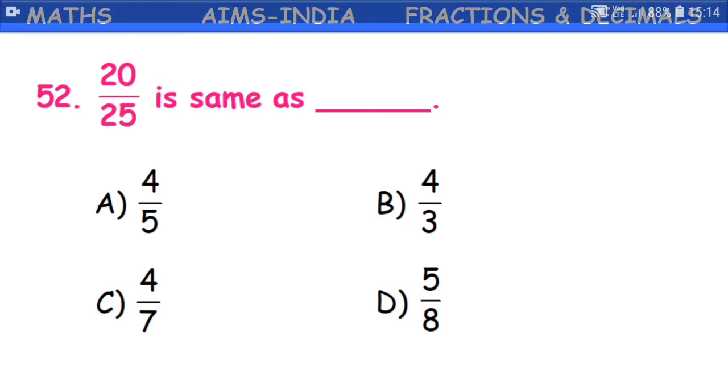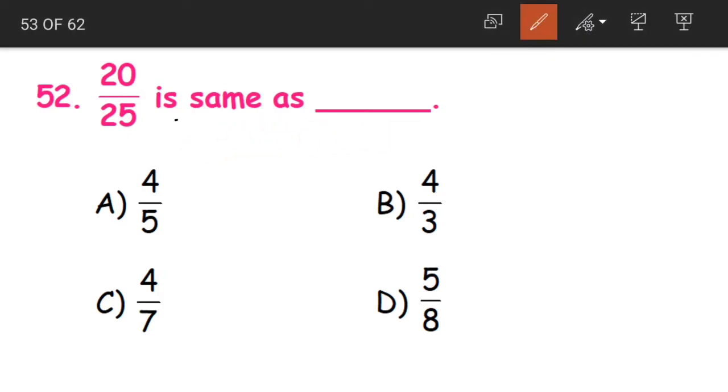Number 52. 20 by 25 is same as dash. That means again we have to find the equivalent fraction for our 20 by 25. Now if you look at the given options, all the numerators and denominators are less than the numerators and denominators here.